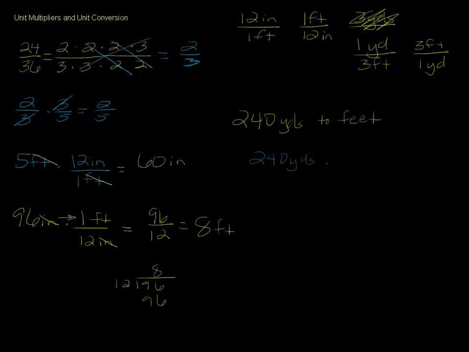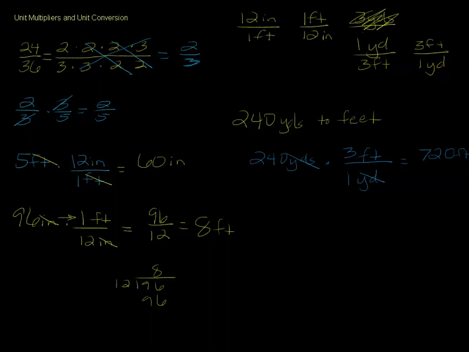Now we're going to go to feet. Well, let's look at this. 3 feet is 1 yard. Remember, what we go to has to be on top. So now we're going to multiply 240 times 3. So 720 feet, because the yards cancel each other out.